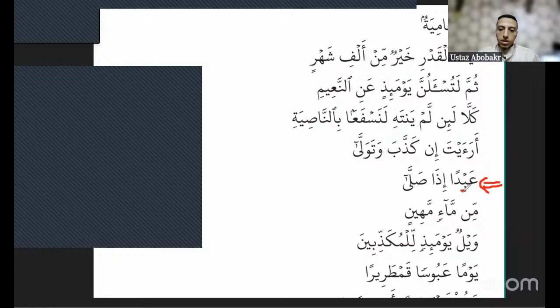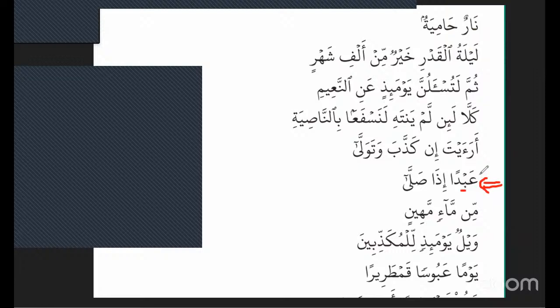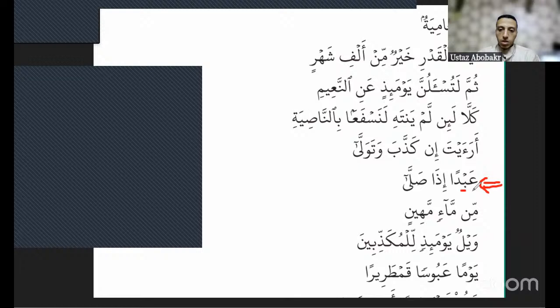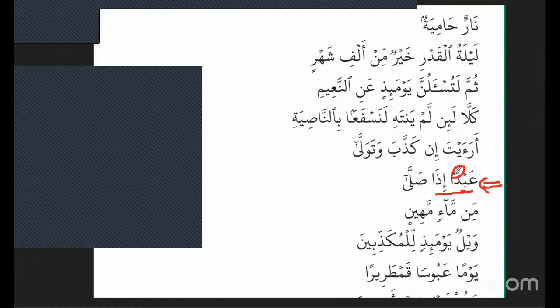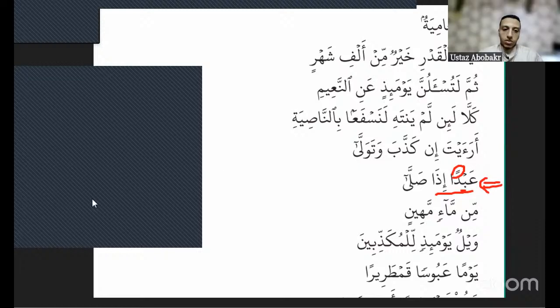The ba here. And the ba. Yes. عبدا إذا صلى. Would you be able to know the rule we have on this tanween? إظهار. That's good. That's right. Yes, barakallah feek. So, abadan idha salla.